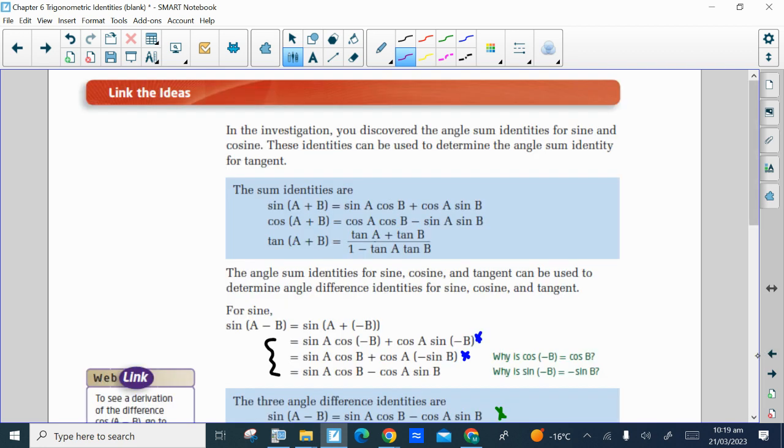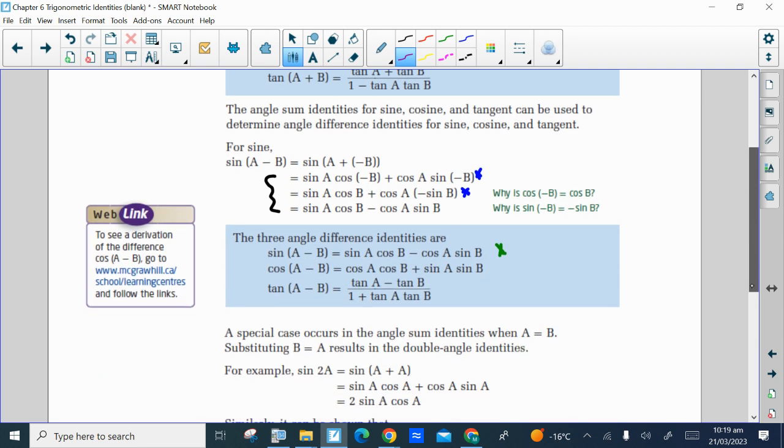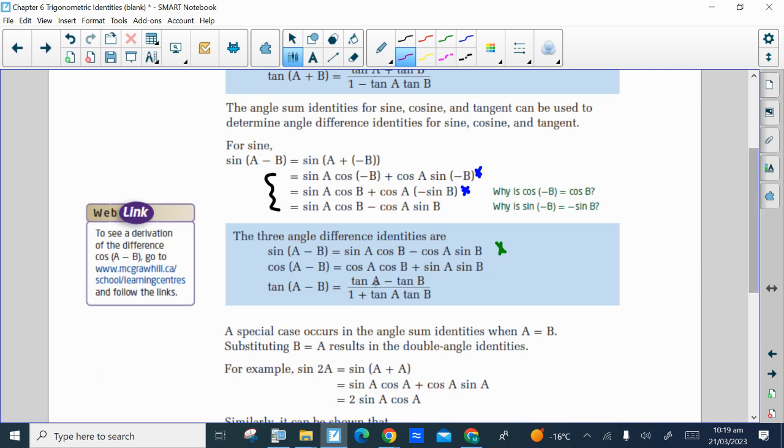So if we look at the previous, that is the difference identity for cosine.